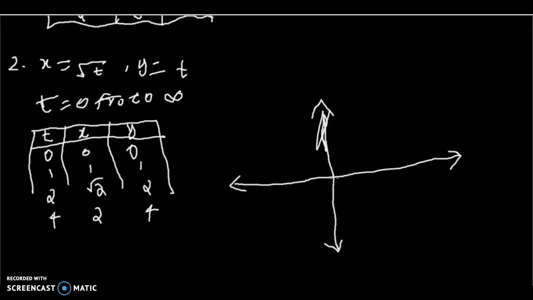0, 0 and 1, 1, this is a point. Suppose this is 1, and here it is 1. Next, root 2 is about 1.4, here. Then root 2 goes up to 2. Then for 4, this is 2, 3, 4.